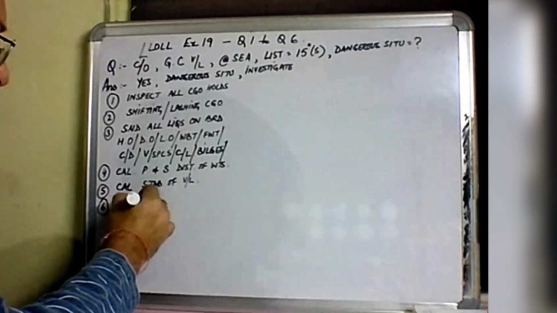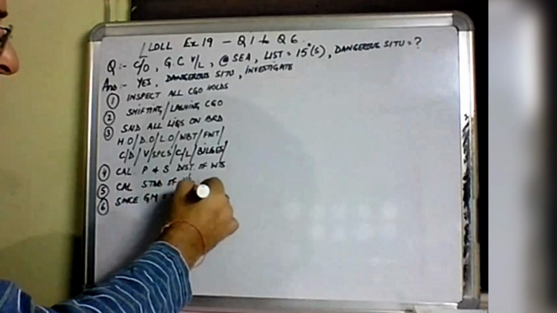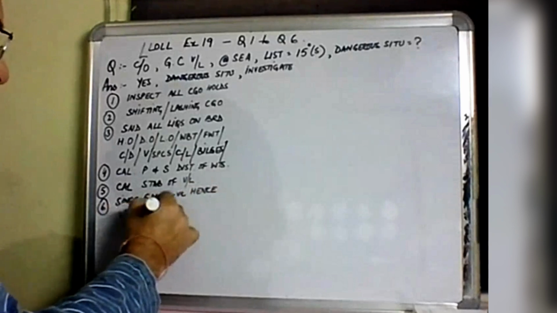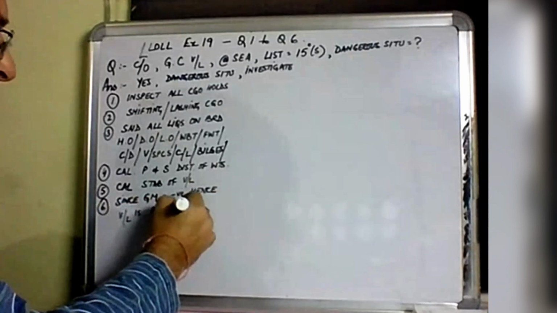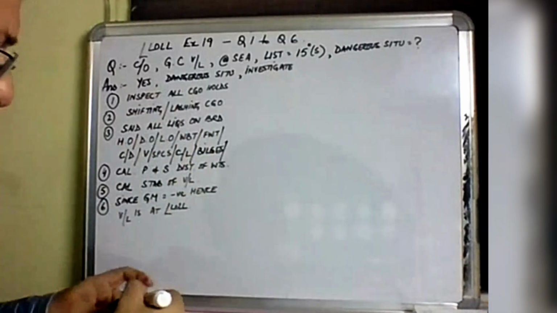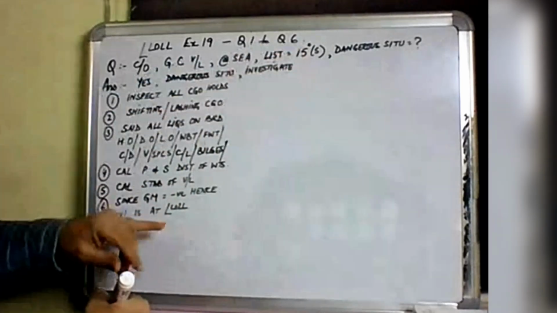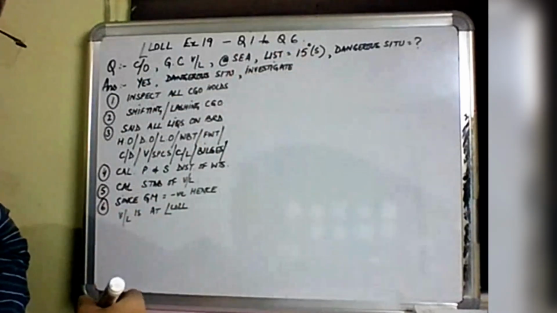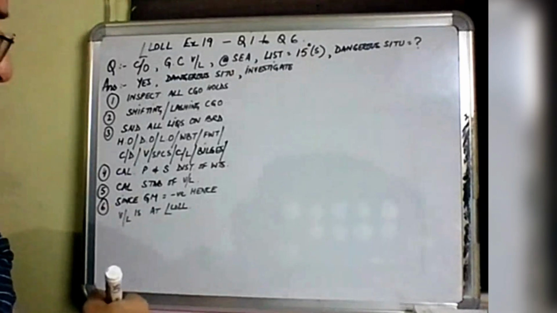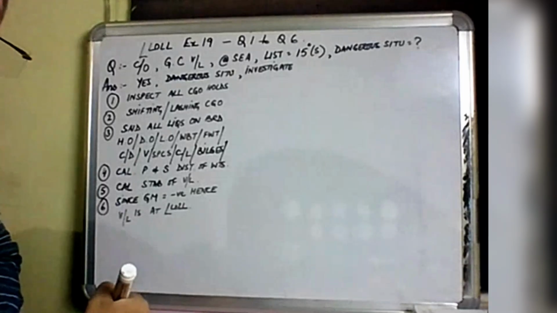So you will write down, since the GM is negative, hence vessel is at angle of Loll. So point number 6 आपका अब जाके कंक्लूड होता है कि ये जो 15 डिग्री की लिस्ट आई है, ये आप इसलिए आई है क्योंकि आप एंगल ऑफ लोल पे पहुंचे हो, और एंगल ऑफ लोल पे इसलिए पहुंचे हो क्योंकि आपका जीएम नेगेटिव है, जो कि आपकी कैलकुलेशंस में आया.